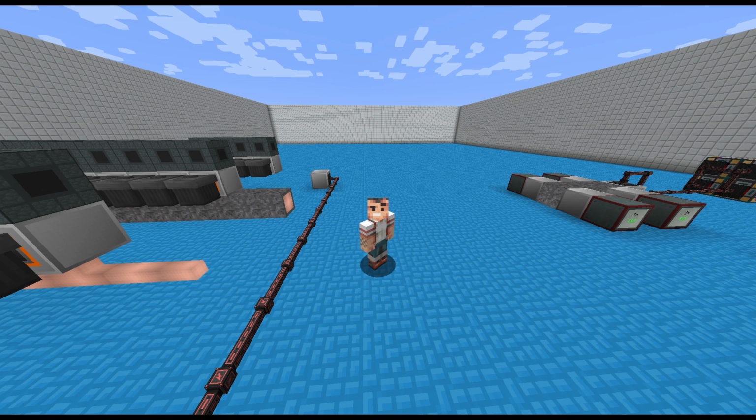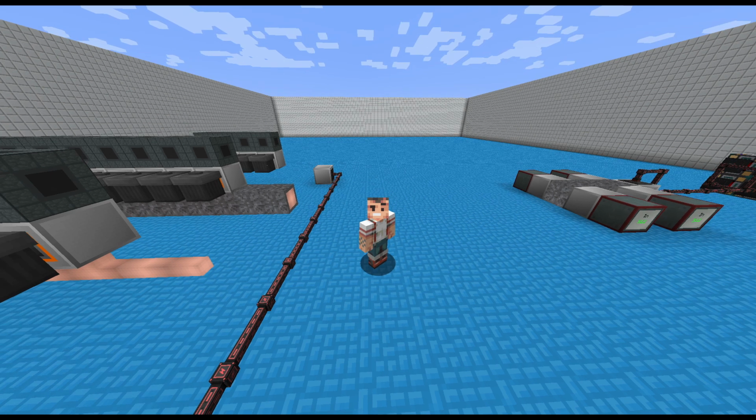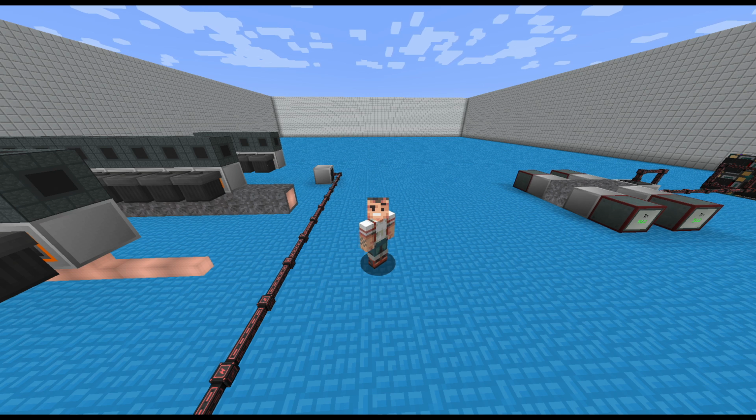To summarize, 4 RF is worth 1 EU. Don't mix cables. Keep everything the same when it comes to amperage. So if you use 4-slot CEF, use 4 ampere cable, and make it so a maximum of 4 machines will work at the same time, because you can have like 20 machines, but if you are using only a few of them, that's okay.